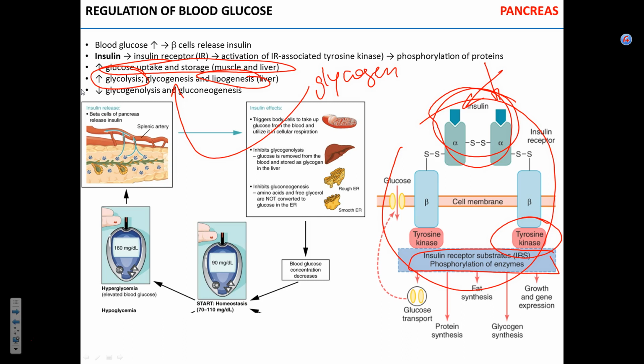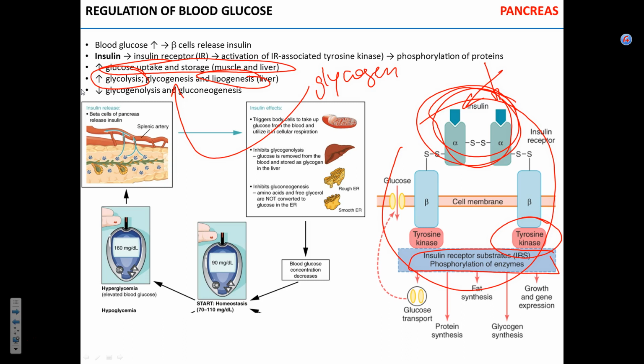Now, let's see. We've got insulin here bound to the receptor, and this binding stimulates phosphorylation or activation of proteins that are responsible for glucose uptake, glycolysis, glycogenesis, and lipogenesis. Does that make sense? Now, let me ask you this.